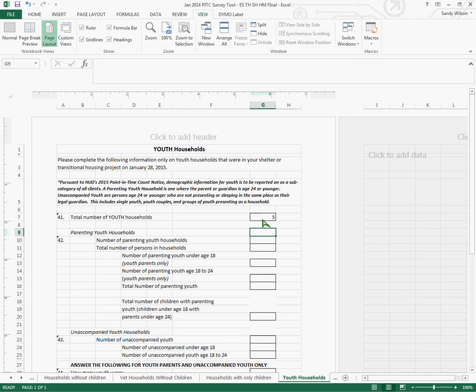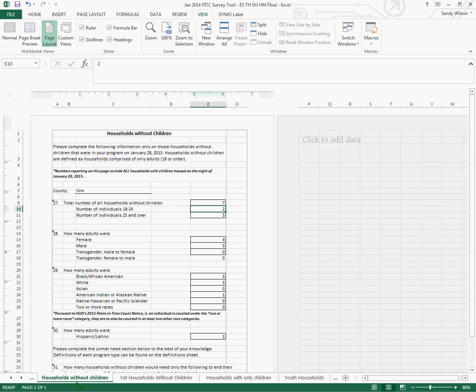We had one parenting youth household that had a single parent in that household who was between the age of 18 and 24, for a total of one parenting youth. That household had one child under the age of 18. All right?